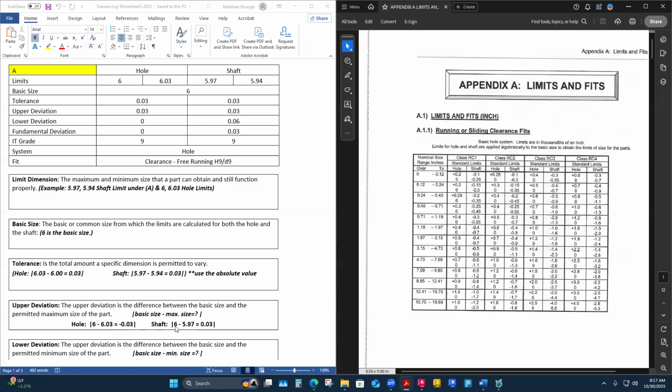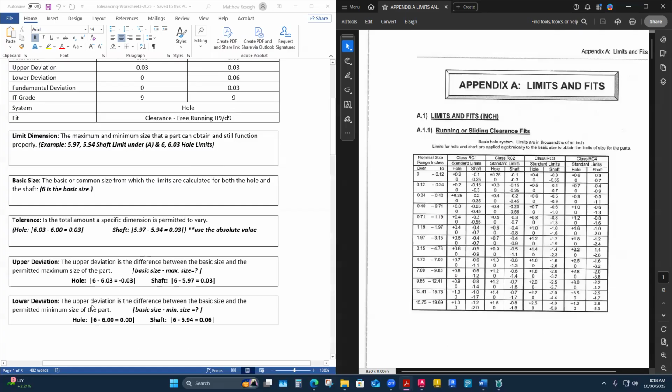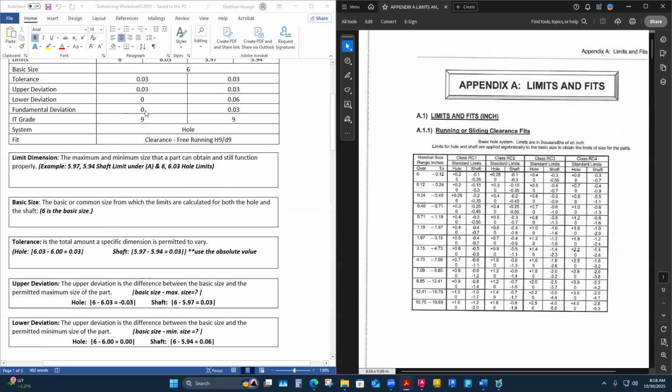And then when we go to the shaft, we're subtracting the basic size from the largest shaft size, 5.97. We end up with the 0.03 again. So this chart has a bunch of 0.03 values here. So then the lower deviation, it says what is the difference between the basic size and the permitted minimum size of the part. So that's 6 minus 6, so we're just 0 for our lower deviation.